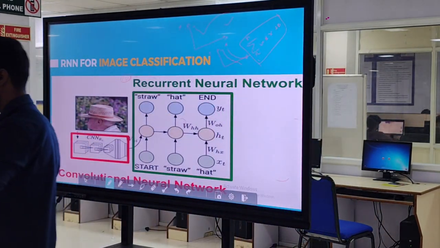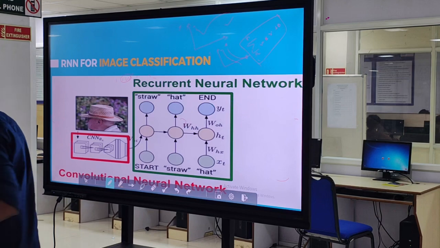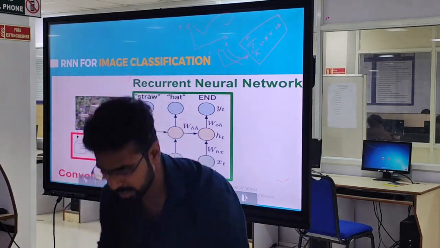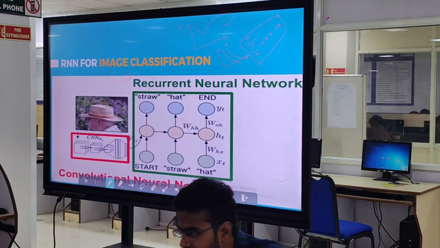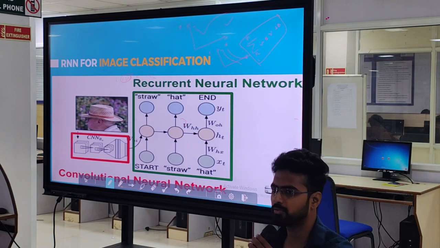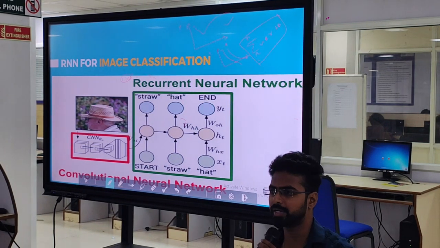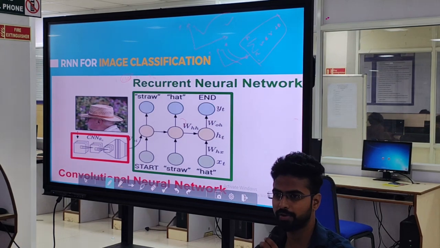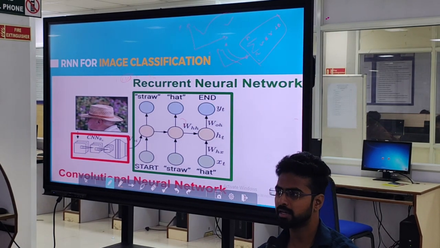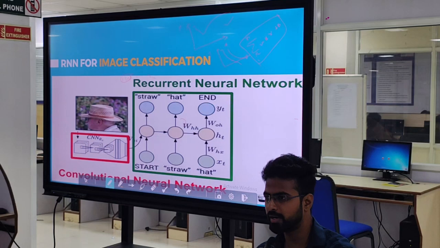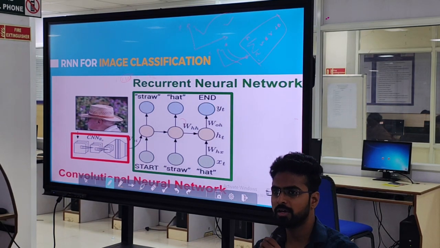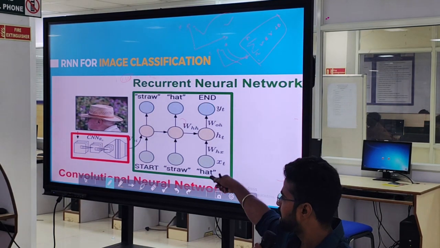So what we are doing is, we are using a CNN architecture. This CNN architecture is used for extracting the features from the dataset. Some time ago we have done this, right? If you give the birds data, it will extract the features from the bird data, and that data should be given into the RNN architecture.